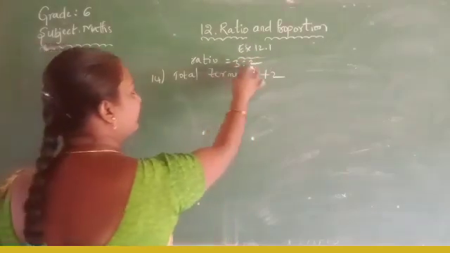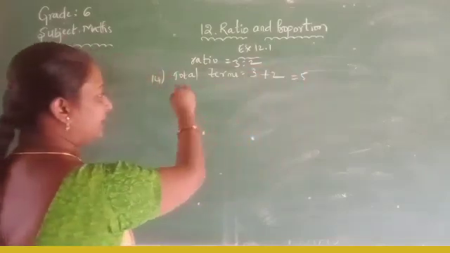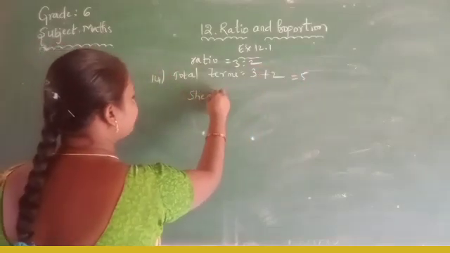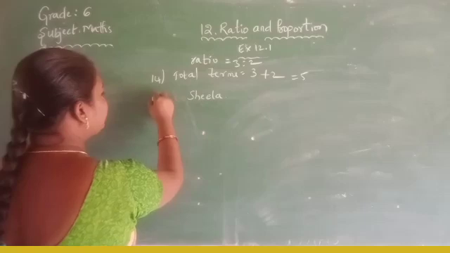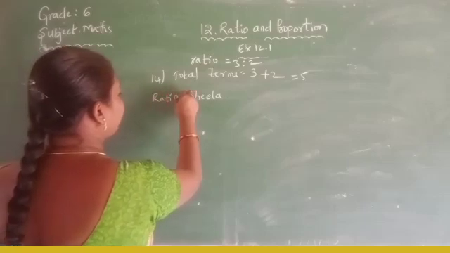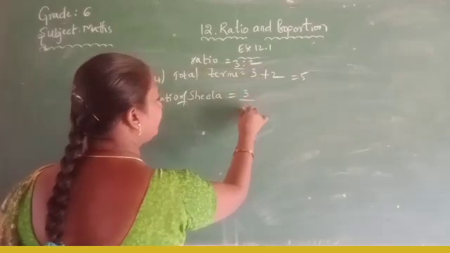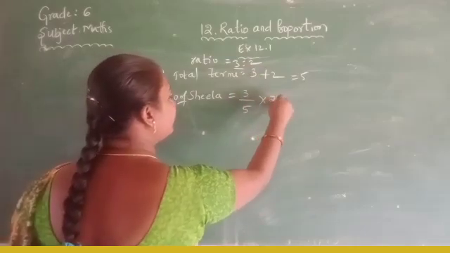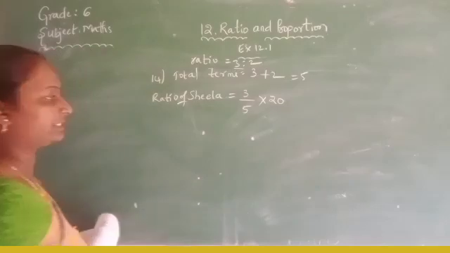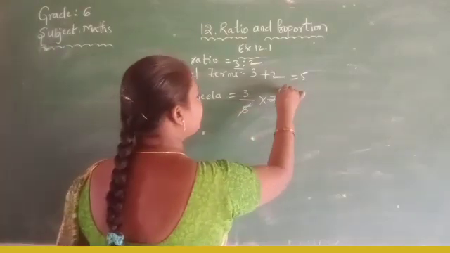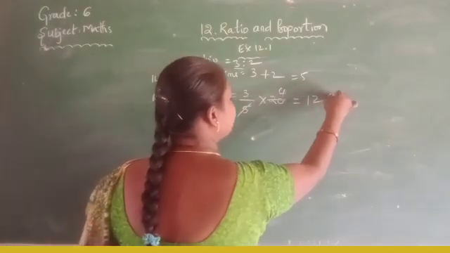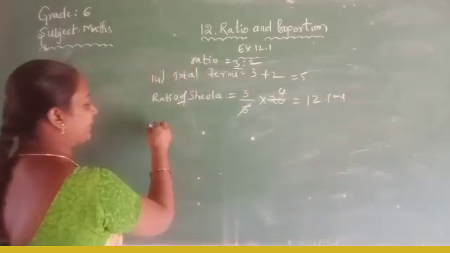Total terms 3 plus 2 is equal to 5 terms. We have to find the ratio of Sheila first. Sheila's ratio is 3 by total terms 5, of the total 20 pence. Now how many pence will she get? 12 pence. She will get 12 pence.